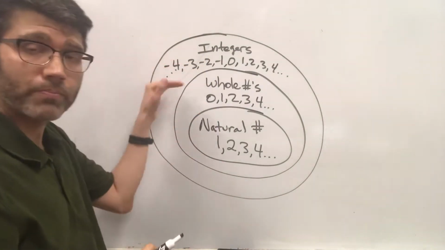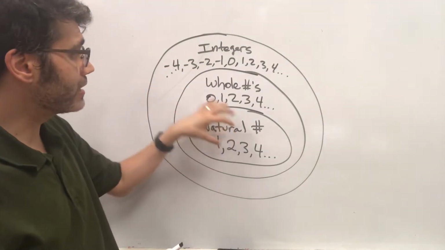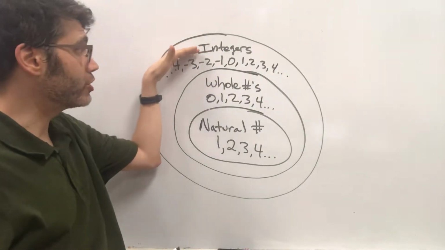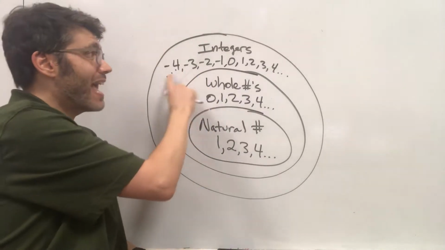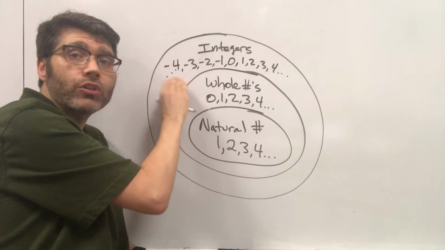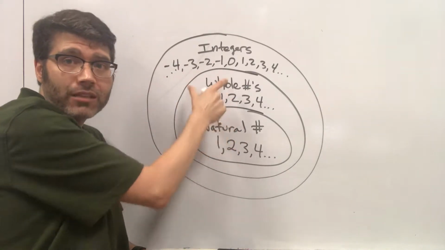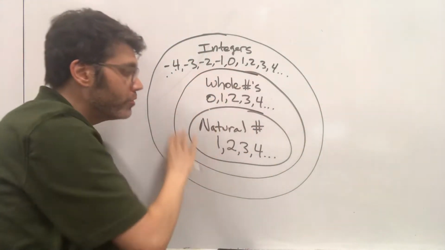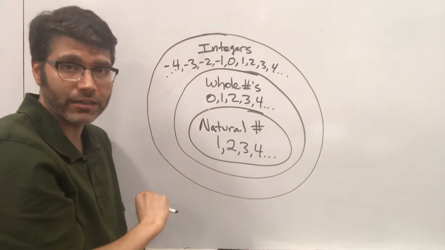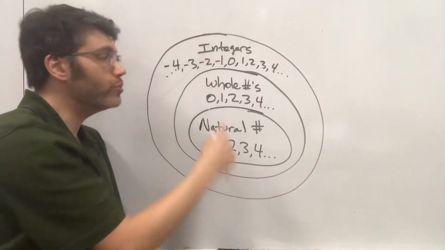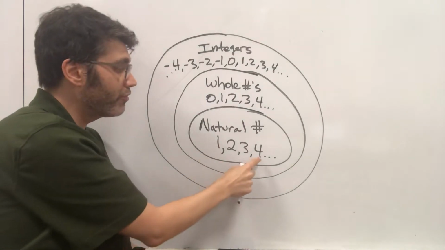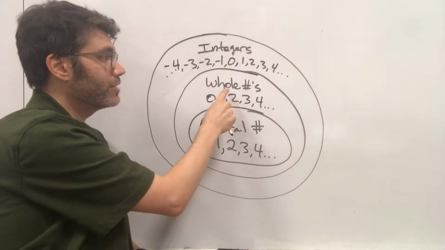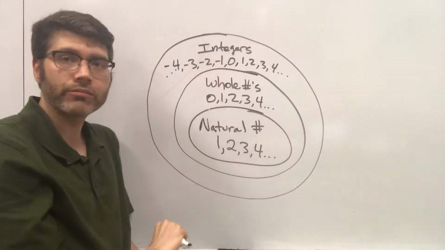So by the way, every time we expand out, these expansion sets, like integers, not only include what they add, like in this case negative numbers, but they include everything else that we started from on the inside of these circles. That's why this integer circle is including the circles that are smaller inside it, okay? So integers include whole numbers, include natural numbers. So 4 has a lot of identities. 4 has an identity as a natural number, as a whole number, and as an integer.